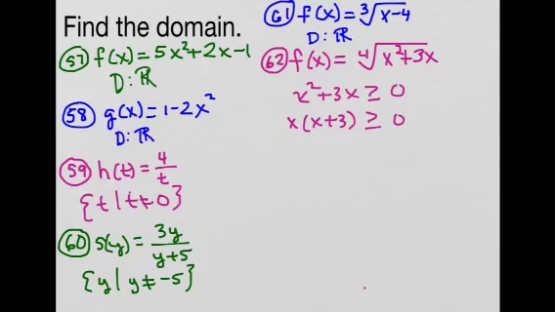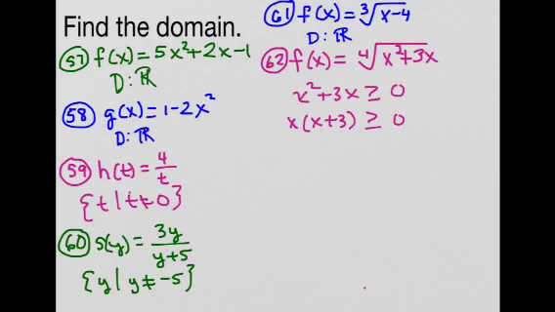Now remember what this means. This means that one number times another number is greater than or equal to 0. So what this tells me is that it has to be a positive or 0 result.